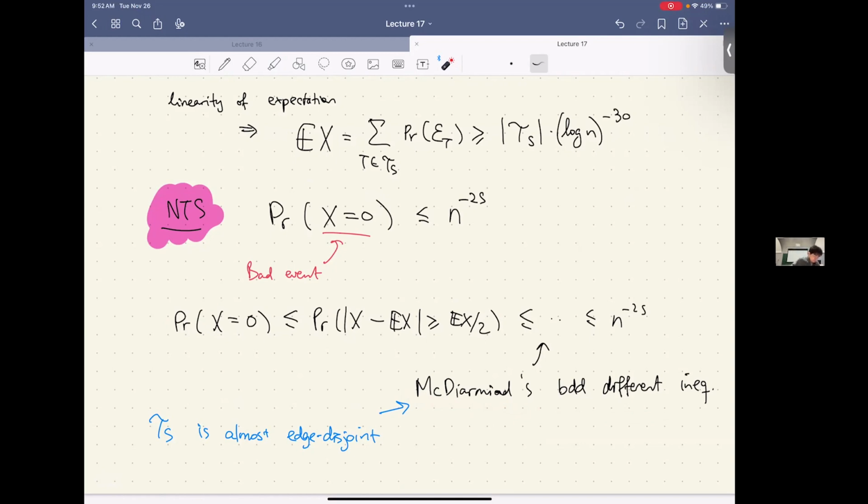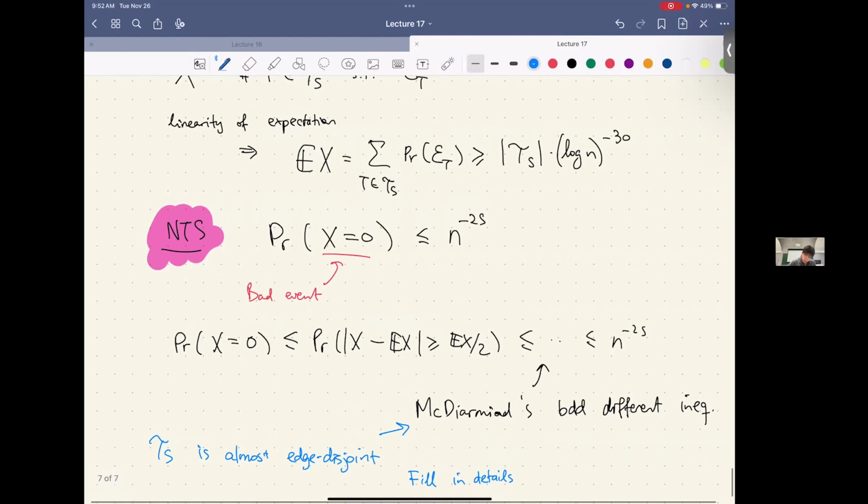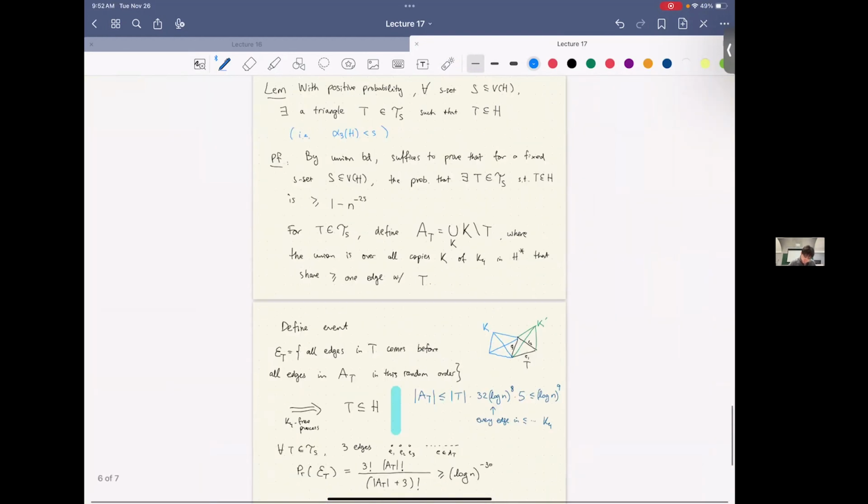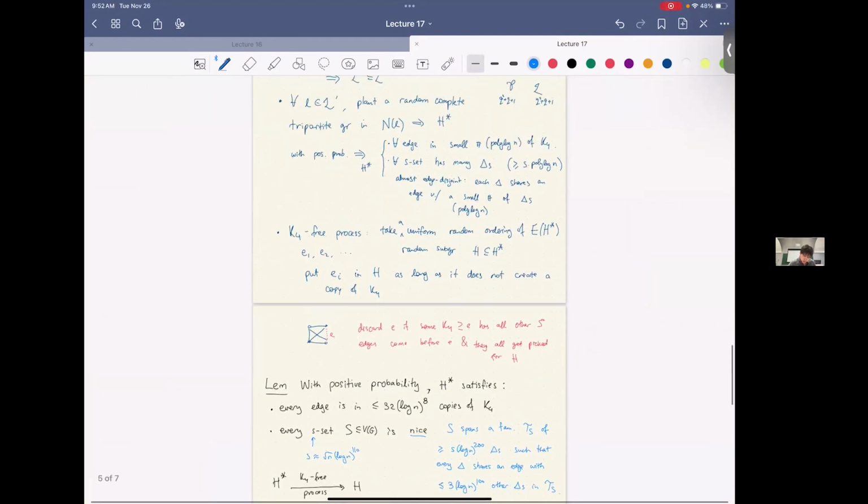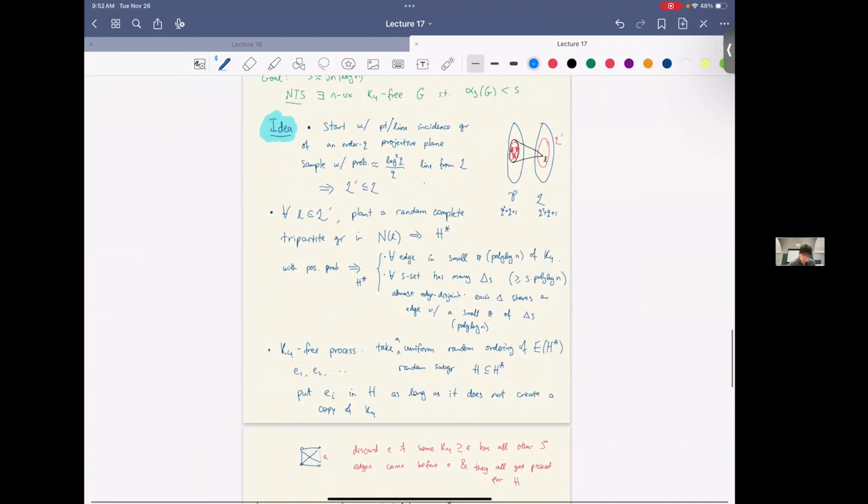Any question? I will leave it for you to fill in this detail. This is just technical details. I think the more important thing is to understand these slides.